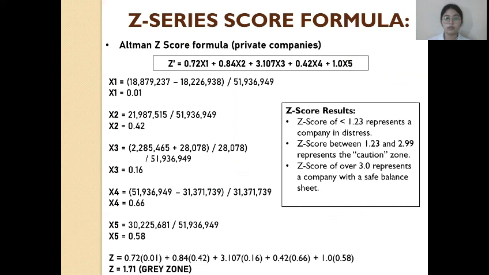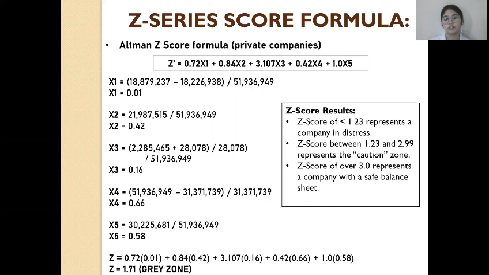Then for the X4, we compute here the book value, which is the total assets of 51.9 million minus total liabilities, then divide it by total liabilities of 31.3 million. We get an answer of 0.66. And last, we have the X5, which is the sales, 30.2 million divided by total assets of 51.9 million, we get an answer of 0.58.